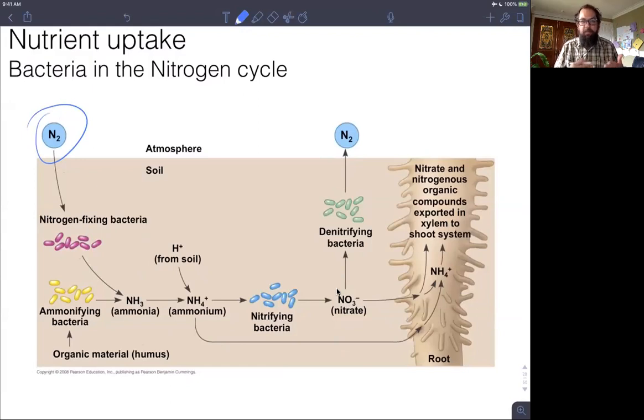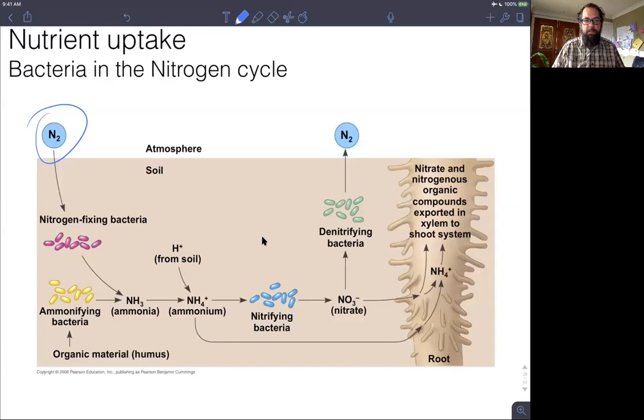Some plant groups have taken this one step further and actually have a mutualistic relationship with nitrogen fixing bacteria. This is most common in the legume family.